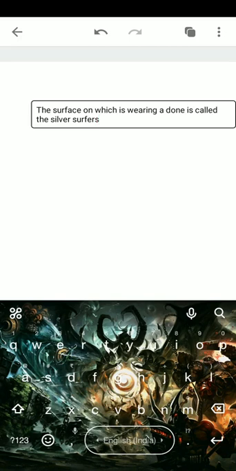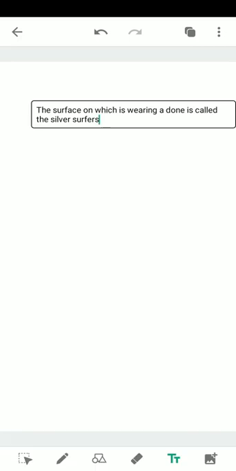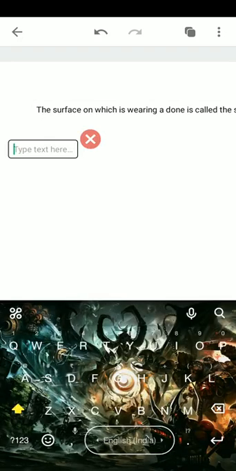The surface on which silvering is done is called the silvered surface.